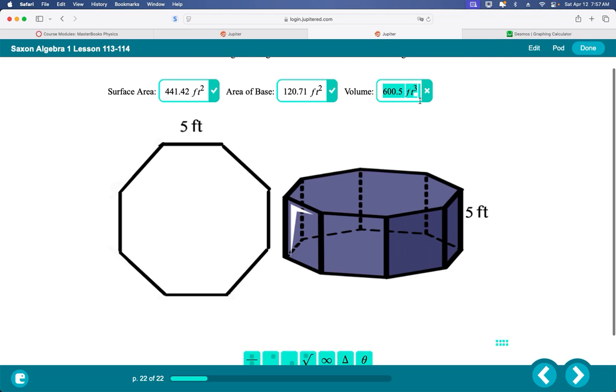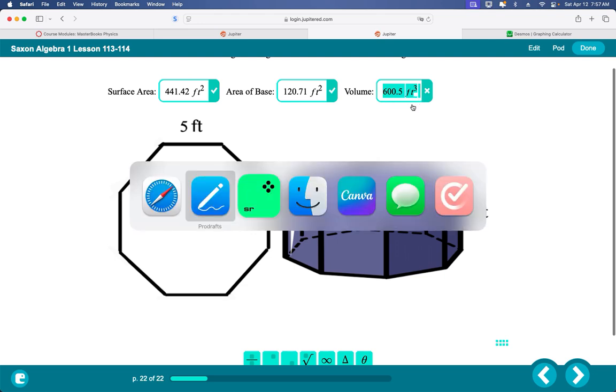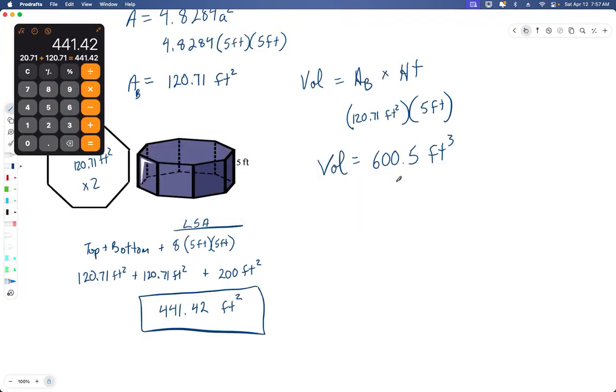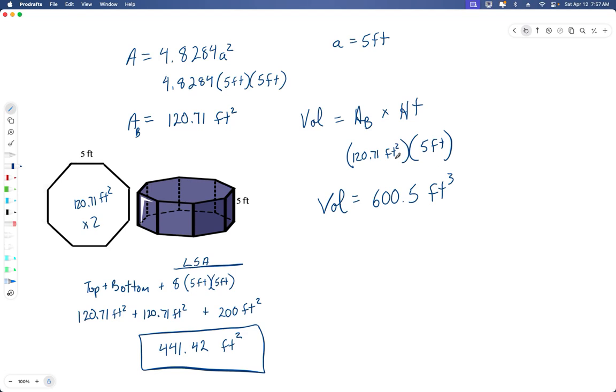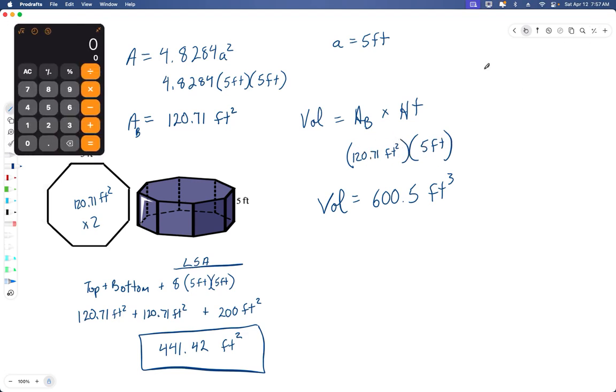Oh, it's telling me I didn't do this one right. Let me see what I did wrong. Okay. Volume, area of the base, times the height. Let me do that calculation one more time. 120.71 times 5. I must have pressed a key incorrectly.